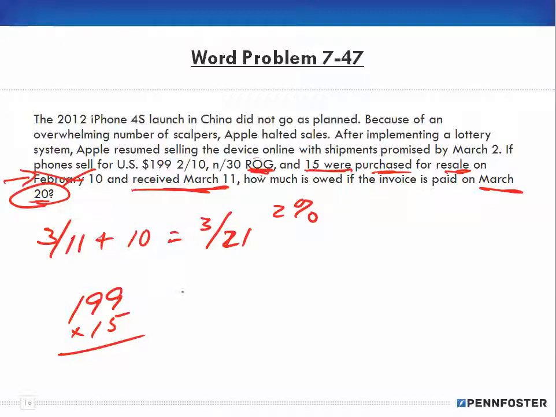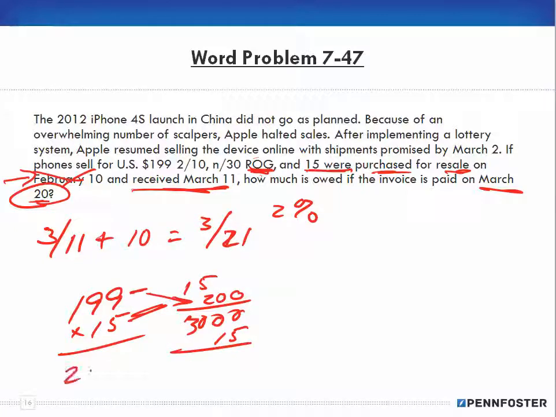In my head, 15 times 200 is 3,000. And since that was $1 off of the 200, and there's 15 of them, I'm subtracting 15, so I end up with 2,985. That's how I would have done it in my head.